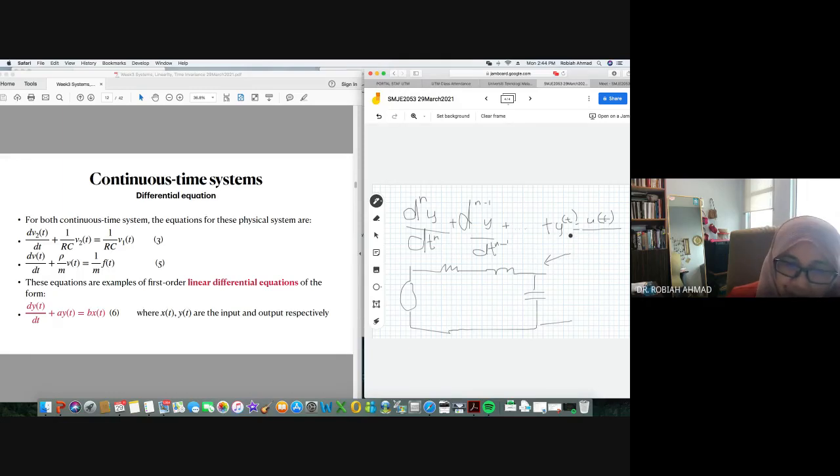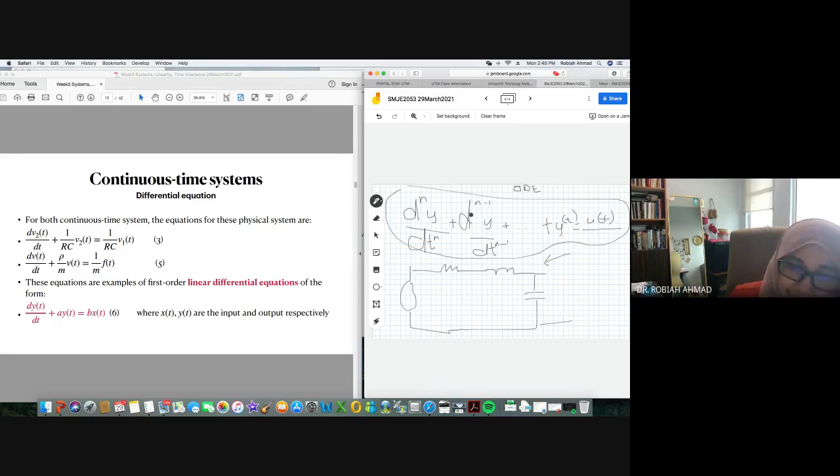Saya tak go detail lah sebab dia ada nanti dalam one of the courses that you will learn how to develop this into a mathematical model, dalam bentuk ODE ni lah. Usually for analog, it is the ordinary differential equation in terms of dy/dt.